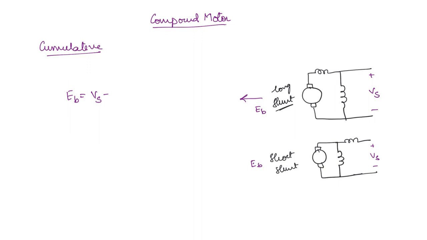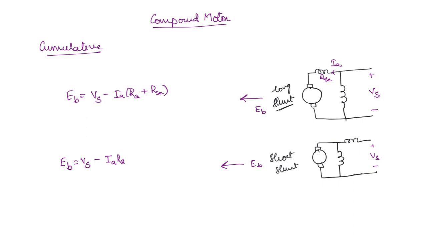The current flowing through the series winding and armature is the same in long shunt, the armature current IA. So IA into armature resistance RA plus series resistance RSE. Now what will happen in short shunt? Here EB is equal to Vs minus the drop across the armature, which is IA RA, and the drop across the series winding.